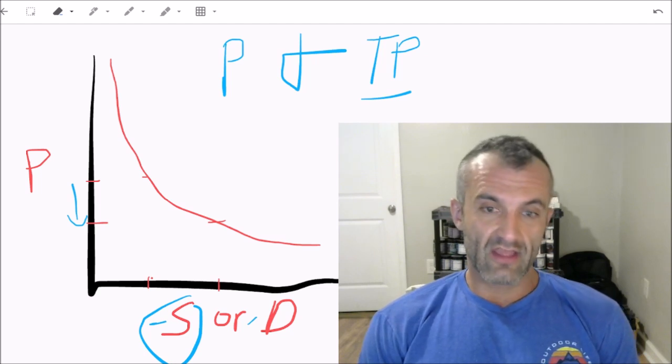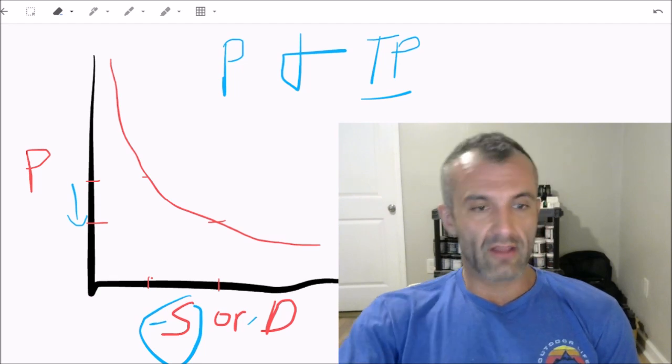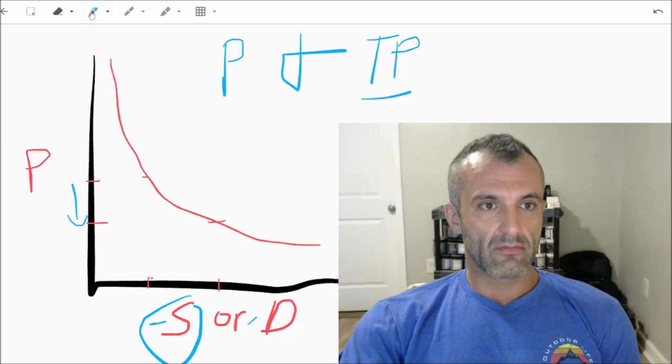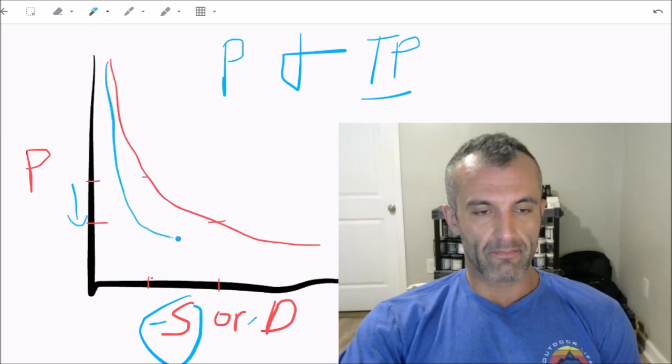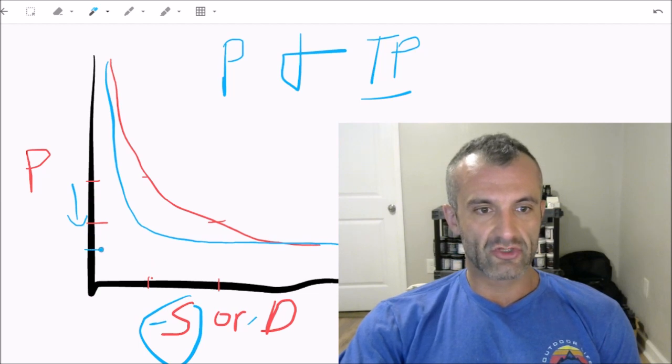Demand, in the way I'm thinking about it, this line right here would be more something like that, right? Where it's massive, meaning a price change from here to here, right?